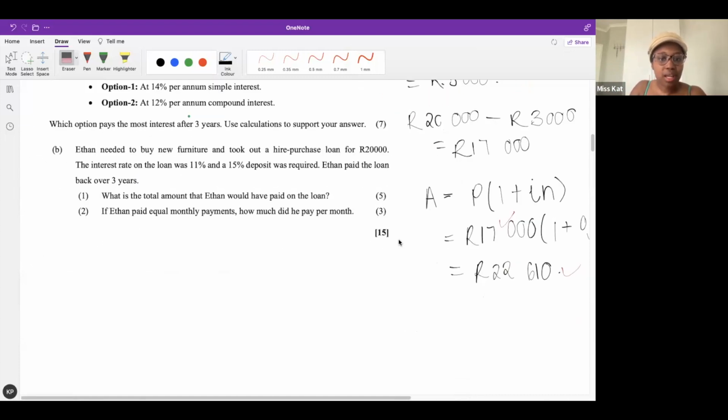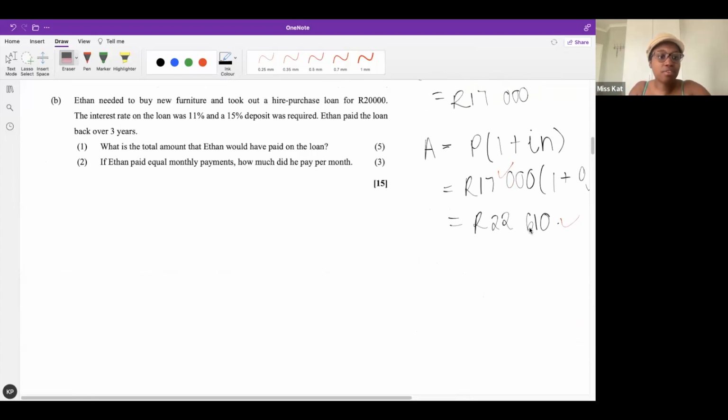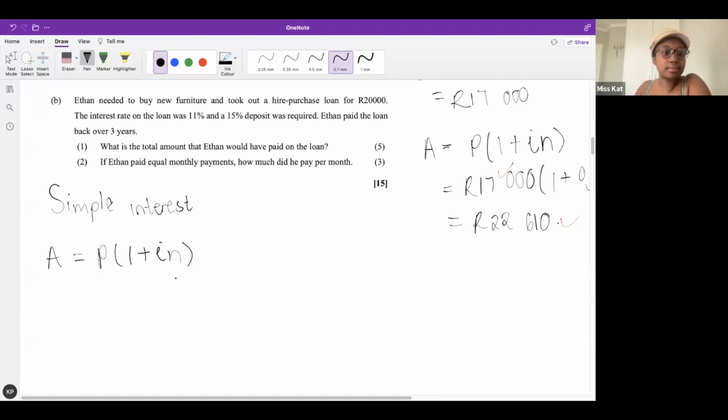Okay, let us write down our formulae for simple and compound interest for everybody who might not know them. We already wrote the one for simple interest. I'm just going to reiterate it here. Simple interest: A equals P(1 plus i n).